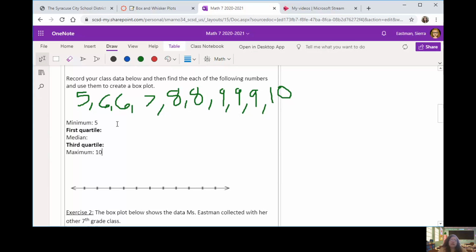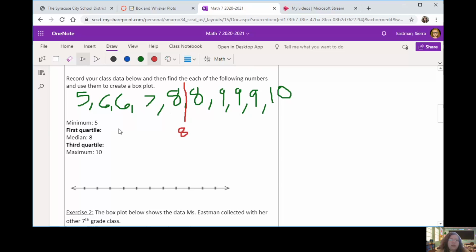Median is the middle number. So we can find our middle of the data and say that's 8. And then you have these 2 things called a first quartile and third quartile. After I find the median and I say that's 8, my data is now split in half.